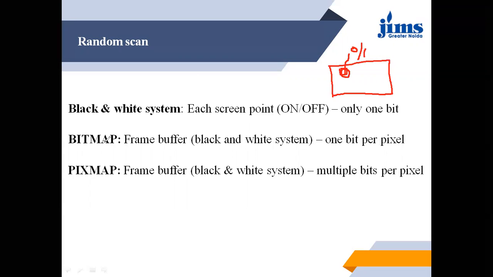So bitmap is the frame buffer. We discussed the frame buffer in the last slide: it is the collection of the set of intensities of different pixels, 1 bit per pixel. A bitmap is the frame buffer for 1 bit per pixel, and a pixmap is the frame buffer for multiple bits per pixel.